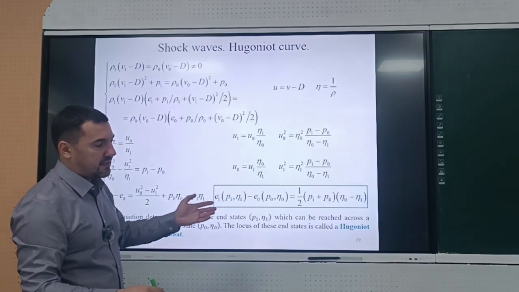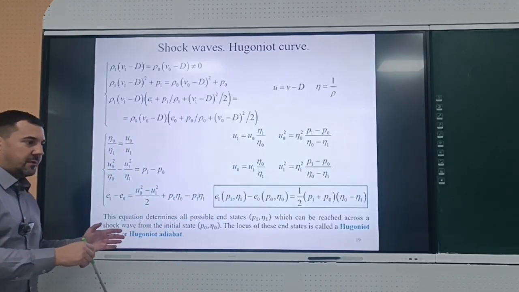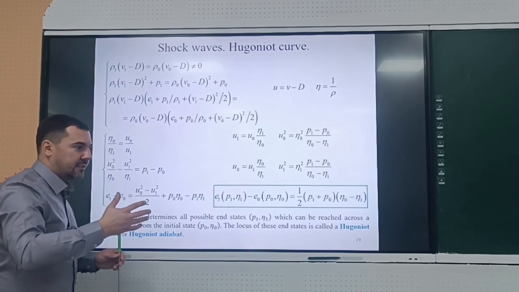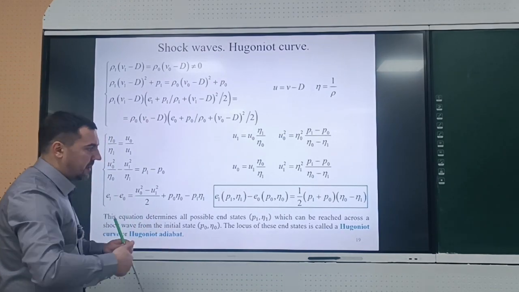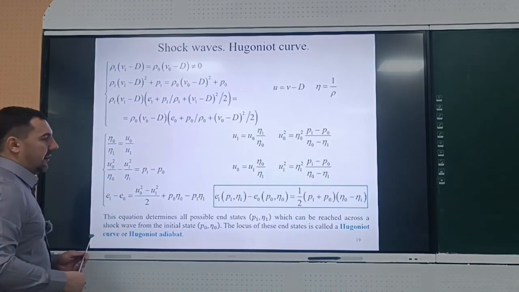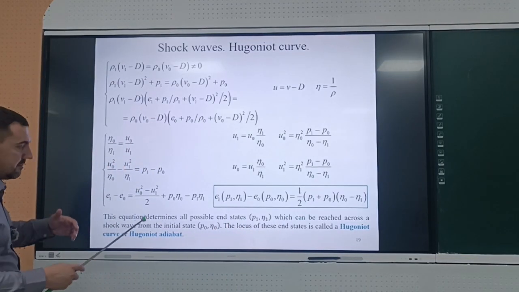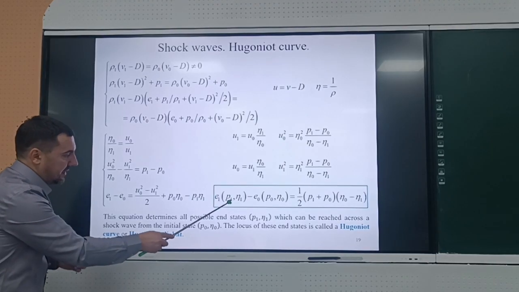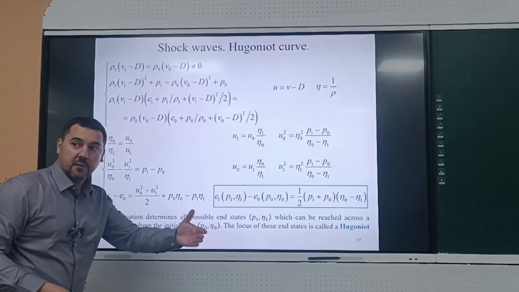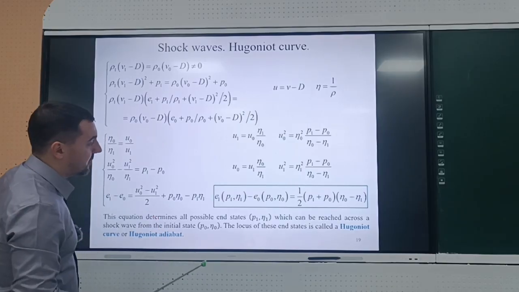All possible states that this gas can reach if any shock wave with any intensity passes through it will be on this Hugoniot adiabat. The specific parameters P1 and eta 1 depend on the intensity of the shock wave that will propagate through the gas.